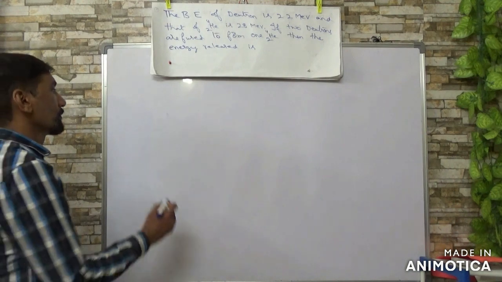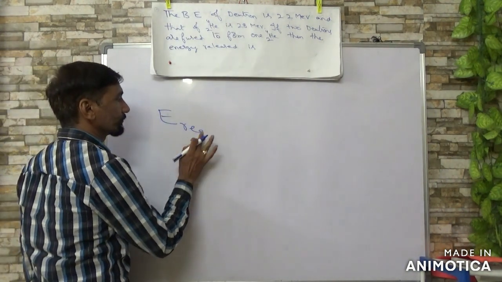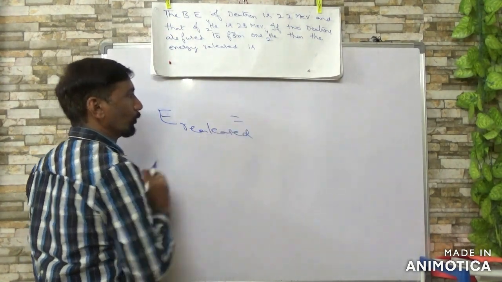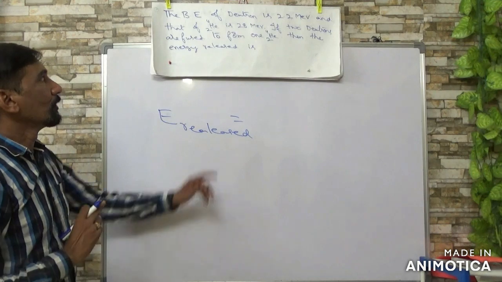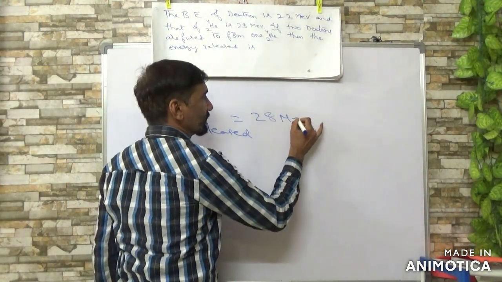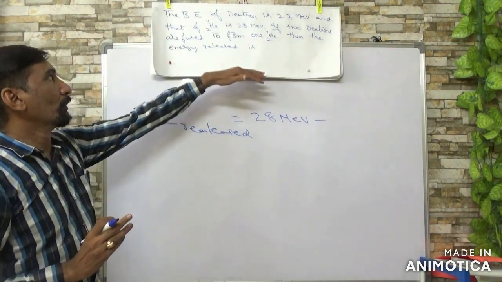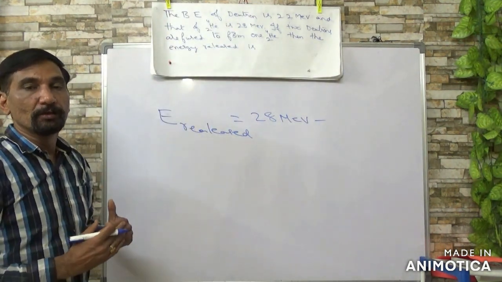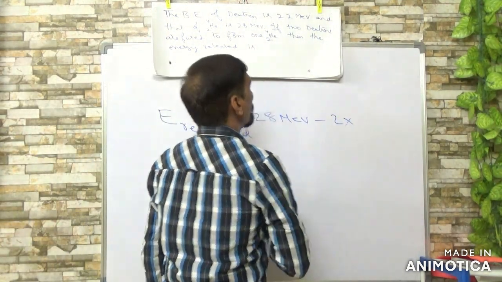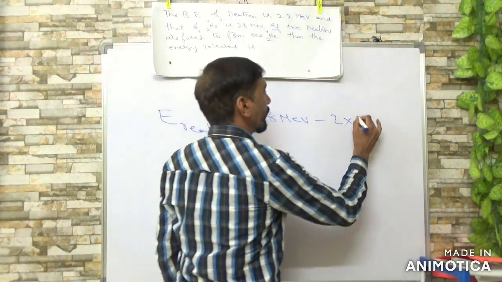So the energy released is equal to the binding energy of helium, 28 MeV, minus 2 times the binding energy of each neutron, 2.2 MeV.